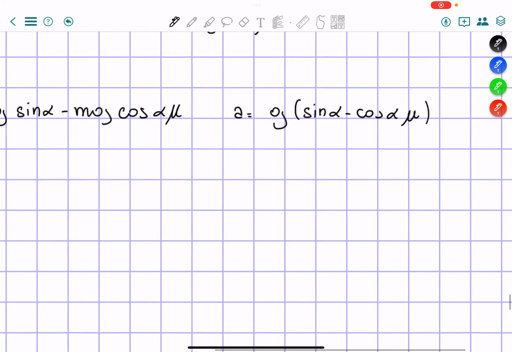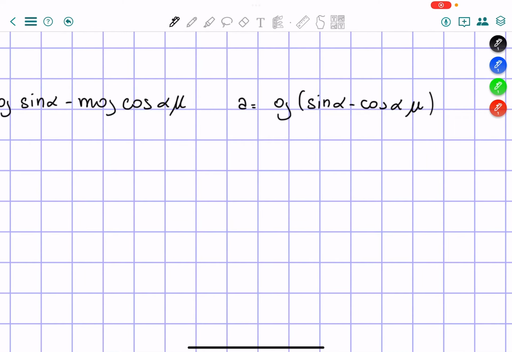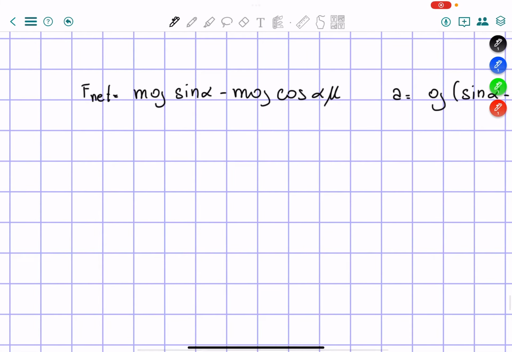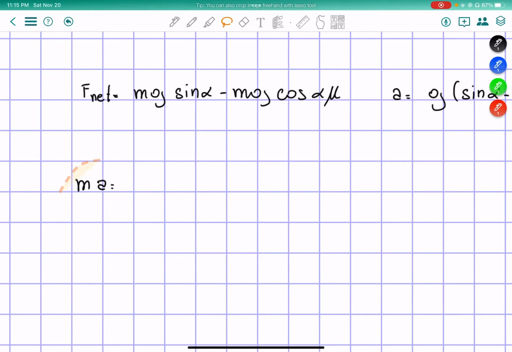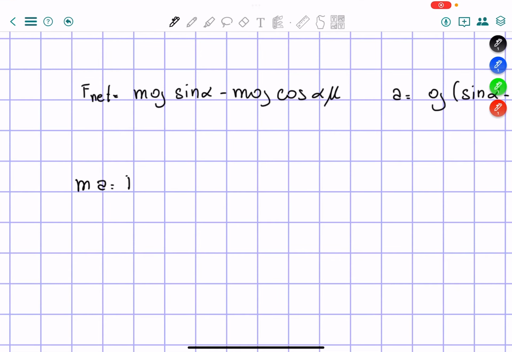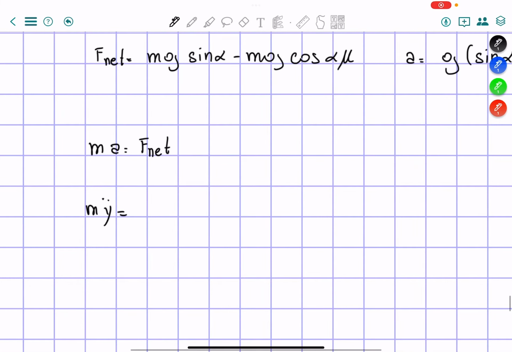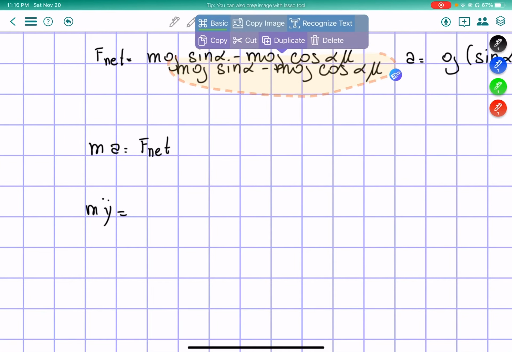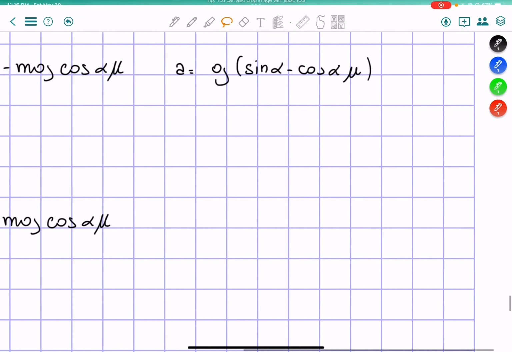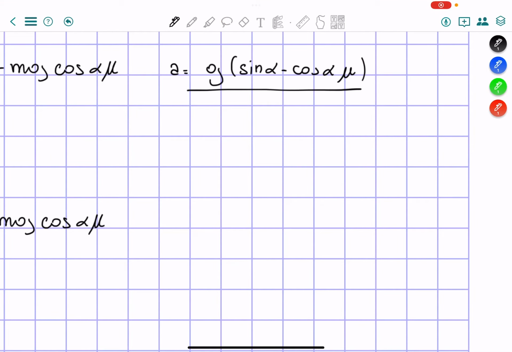Therefore, m times the acceleration is equal to the net force. So ma, or in the y direction, m y double dot, is equal to this part over here. And as you can see, if we get rid of all the m's, we get the answer we found before.